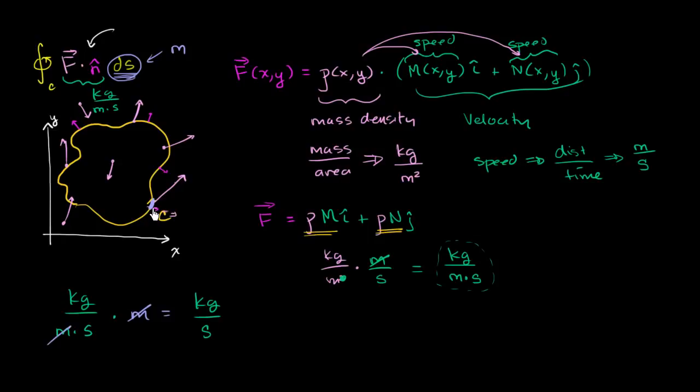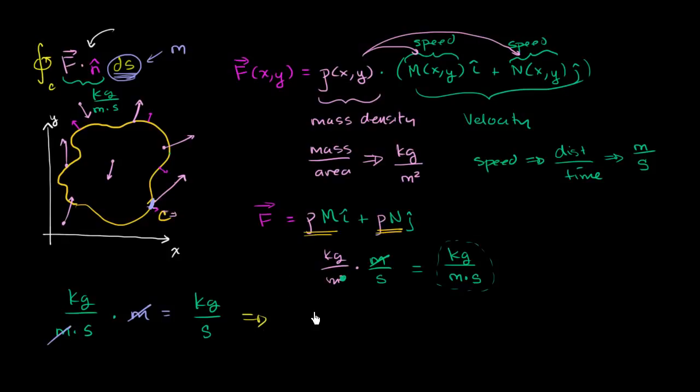This is telling us how much mass is crossing that little ds, that little section of the curve, per second. And if you were to add up, and that's what integrals are all about, adding up an infinite number of these infinitesimally small ds's, the value of this entire integral is going to be in kilograms per second. And it's essentially going to say how much mass is exiting this curve at any given time.